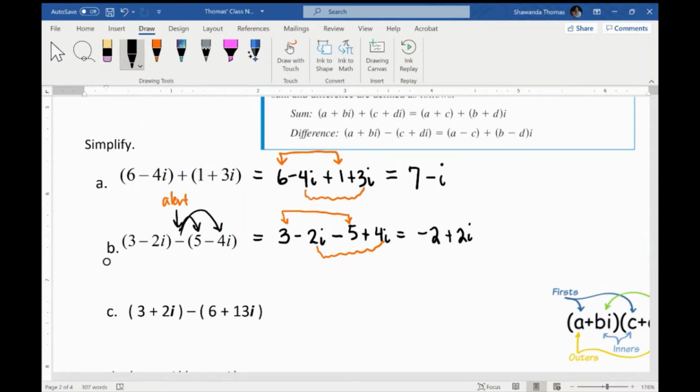All right, so C, again, 3 plus 2i minus 6 plus 13i. I'm going to give you 60 seconds to work on that on your own. Let's see if we get the right answer.